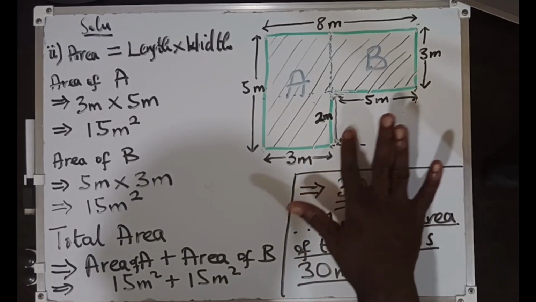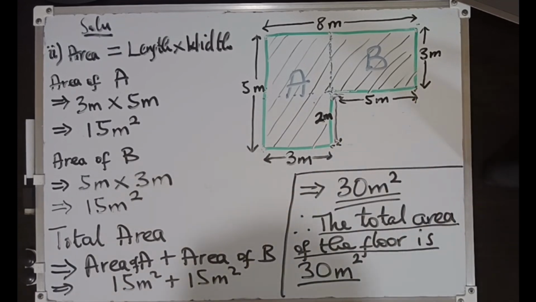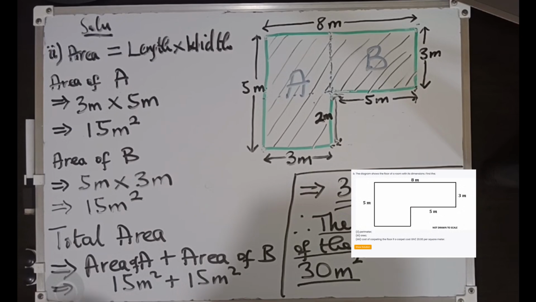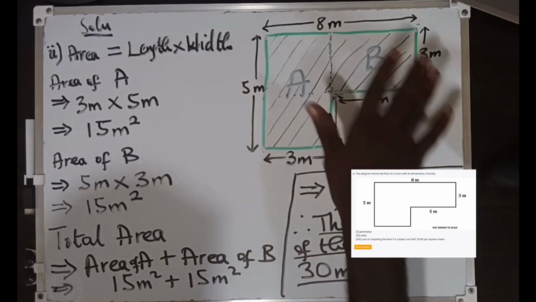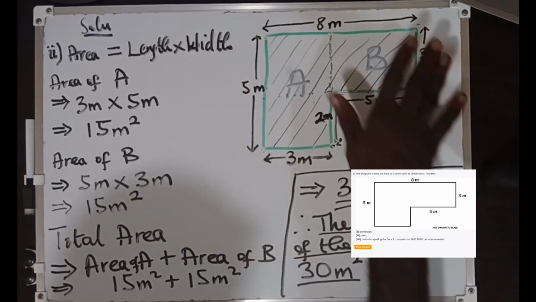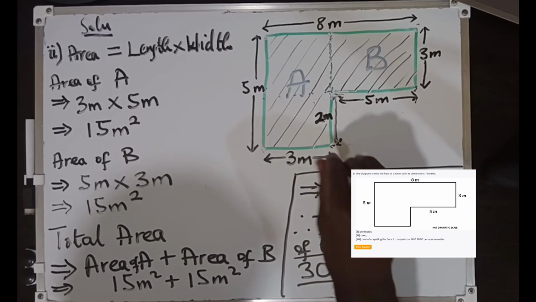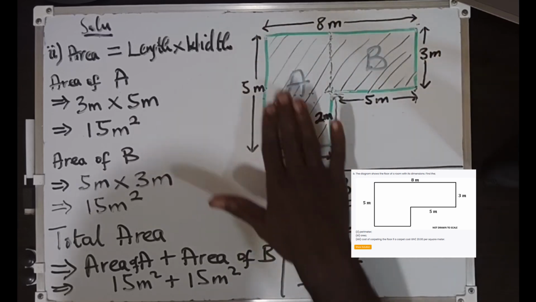So now let's go to the II part, which says that if a carpet costs 20 cedis per square meter, so 1 square meter is 20 cedis, how much will it cost to carpet the whole floor? So the person whose house this is wants to know how much it will cost to carpet this whole floor.